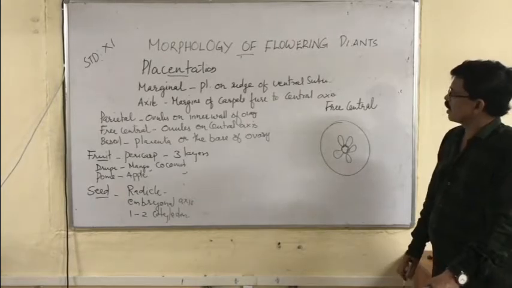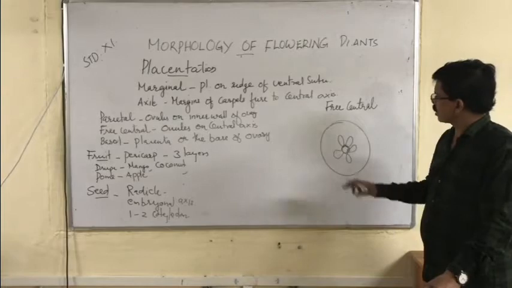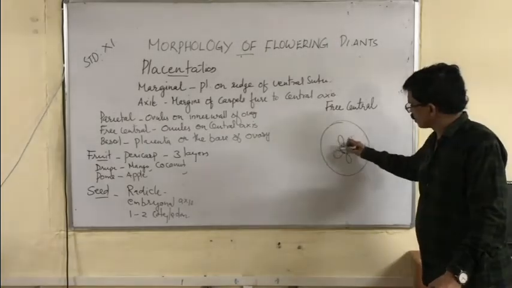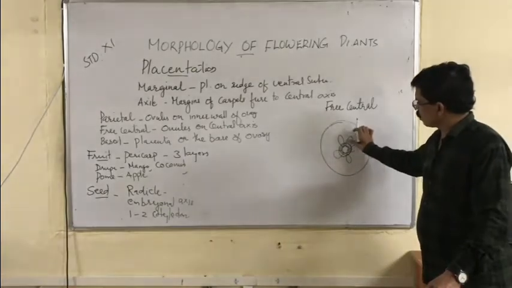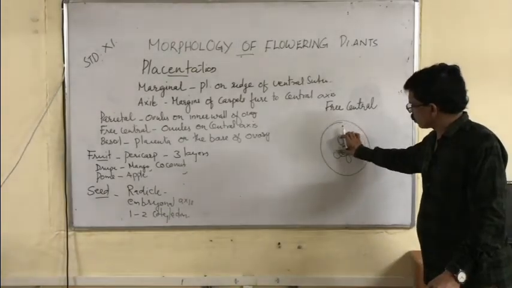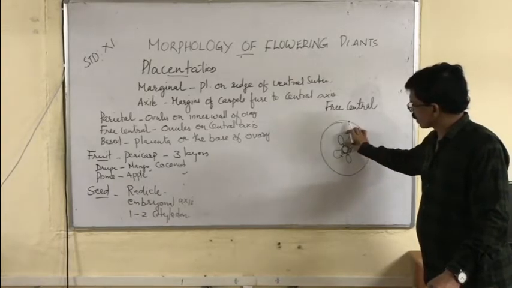The difference from axial placentation is that in axial placentation the margins of the carpels are fused to the central axis, but here the margins of the carpels are not attached to the central axis. The central axis is free from the margins of the carpels.